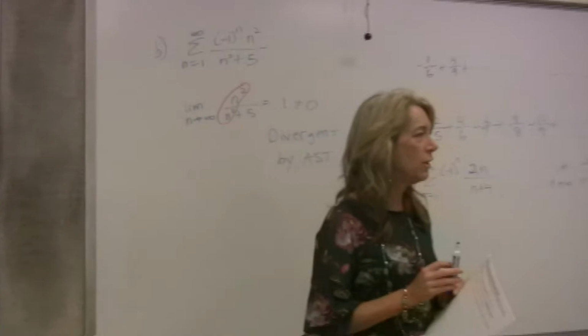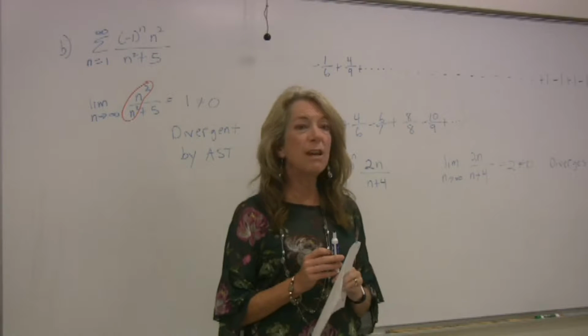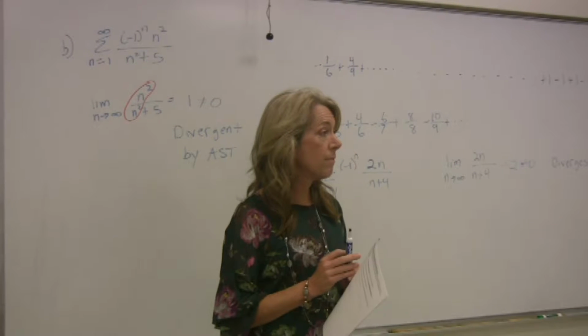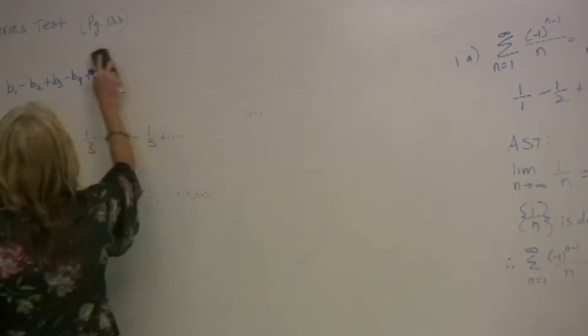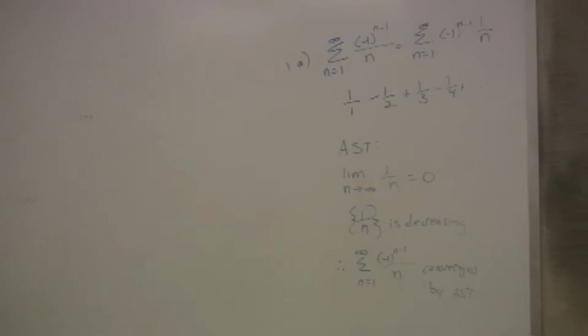So absolutely convergent means it converges even if everything's positive. Those are my words. We've got the fancy definitions there.